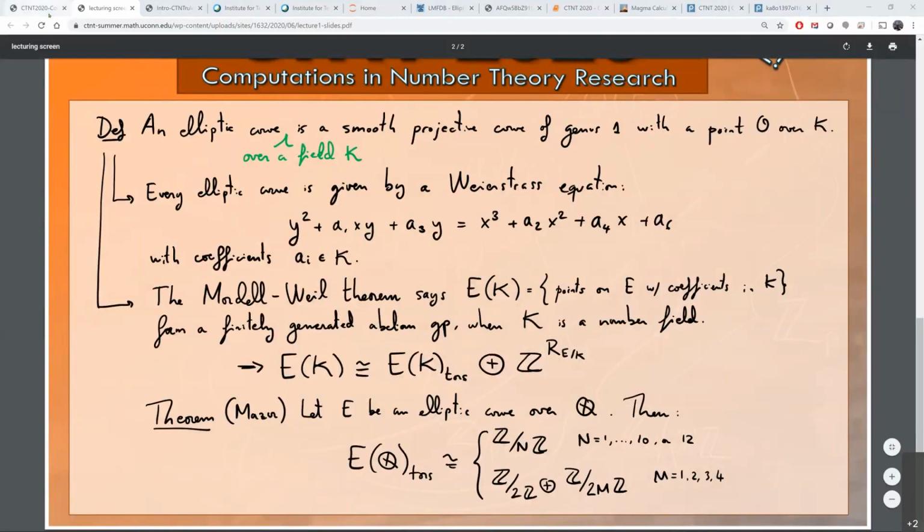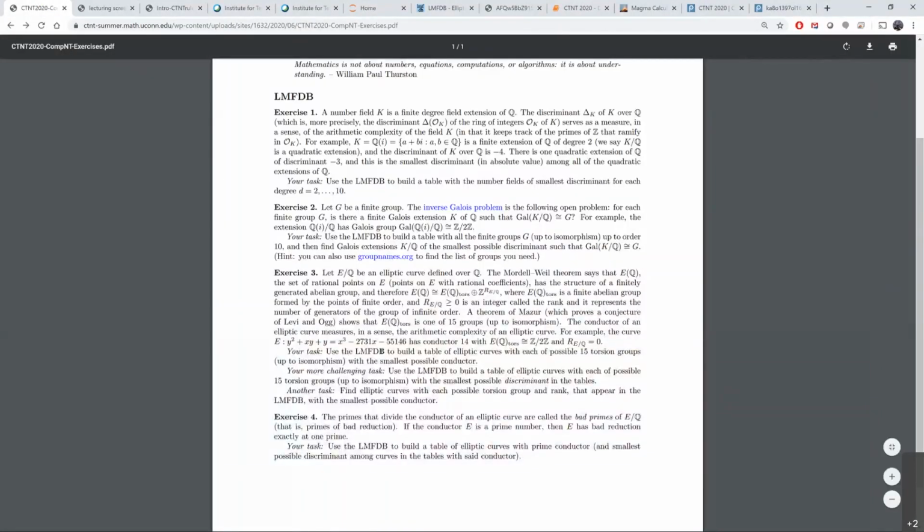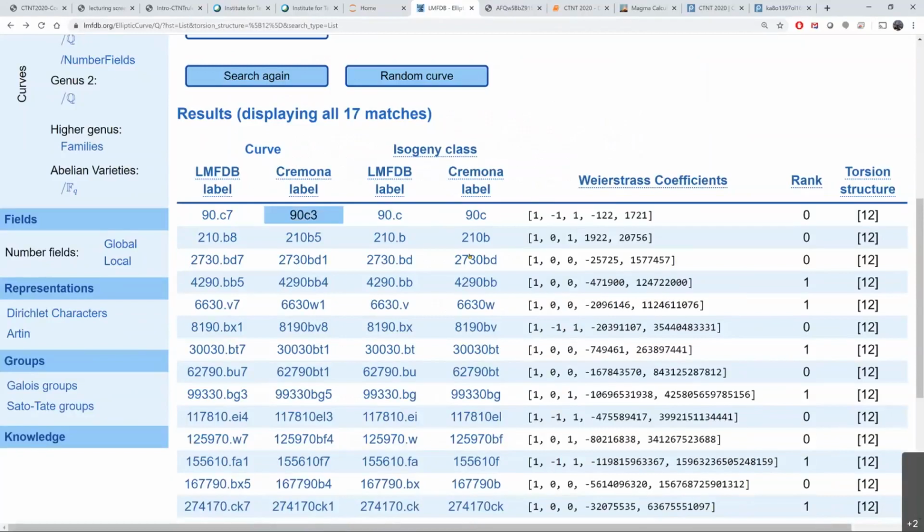So what I'm asking you is to first build a table of elliptic curves with each of the possible 15 torsion subgroups up to isomorphism and the smallest possible conductor. So you can go to the LMFDB and look at the tables and have a toolbox of elliptic curves with different torsion groups. Very good.